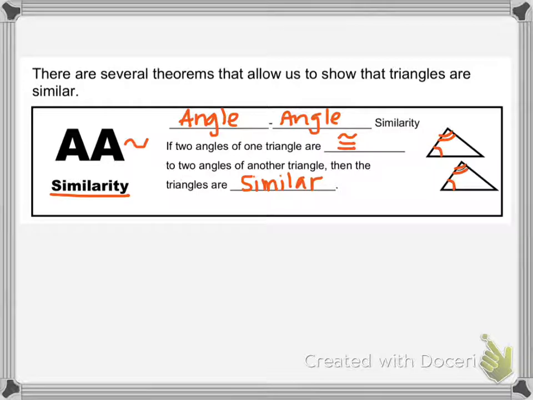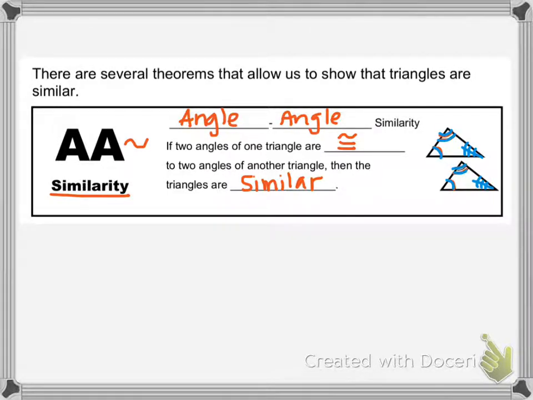Now, if you think about this, though, if you know that there are 2 congruent pairs of corresponding angles in a triangle, because all the angles in a triangle add up to 180, you also should know that these third angles will also be congruent, right? Just because they both have to add up to 180. But all we need to know about is just that we have 2 pairs of congruent angles.